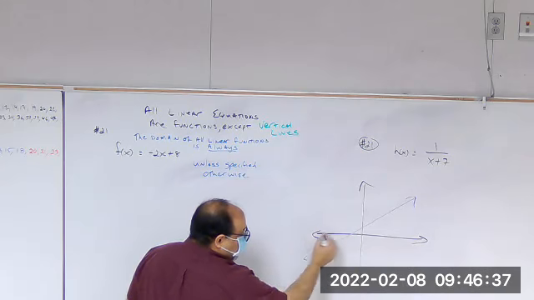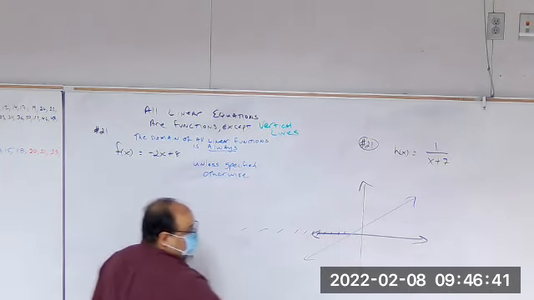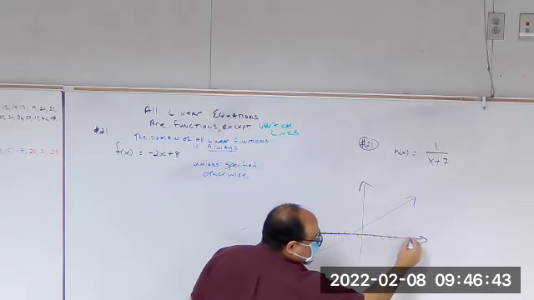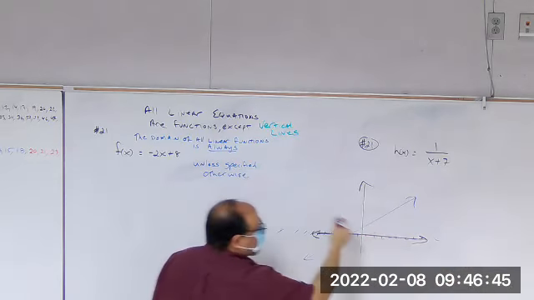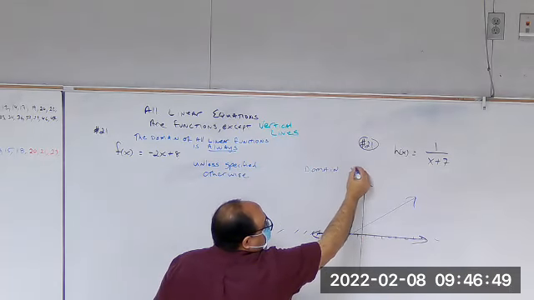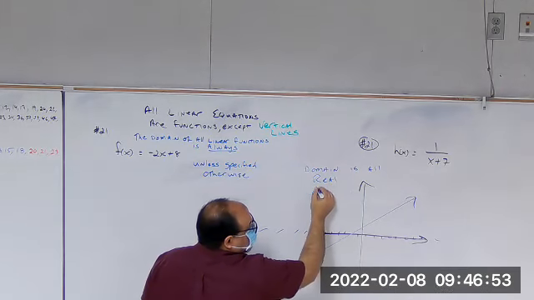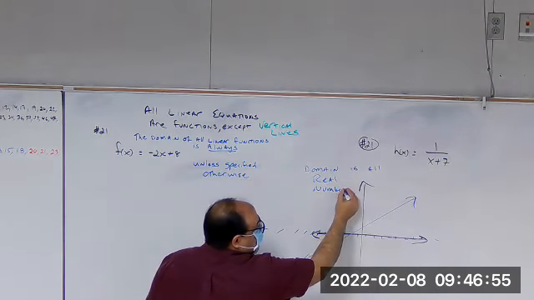Well, you're plugging in every single x on the x-axis that goes that way and every single x that goes that way. So you're basically saying the domain is all real numbers. That's one way to say it.